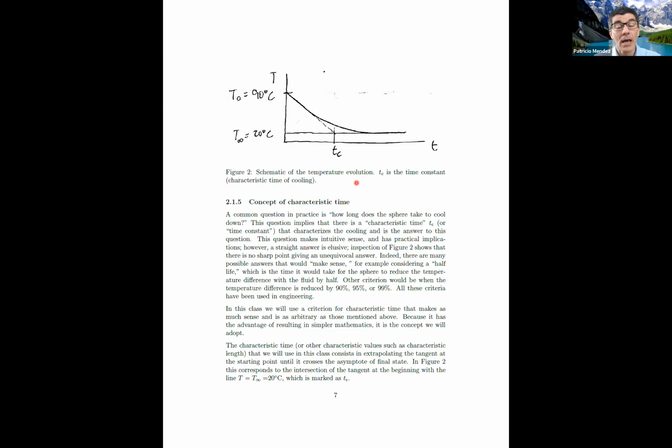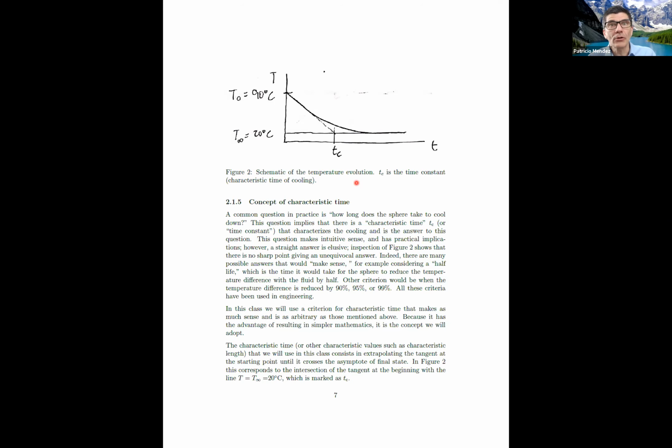Sounds like a fair question, but funny enough, it's not a fair question, because define cooling down. Do you say when it cooled down to 99% of the final value, to 95%, 98%, when it cooled down half the way to the final temperature?